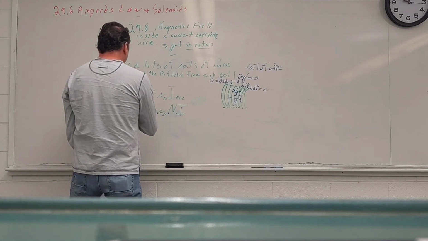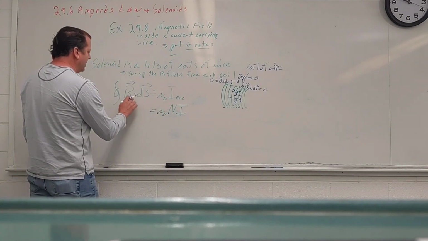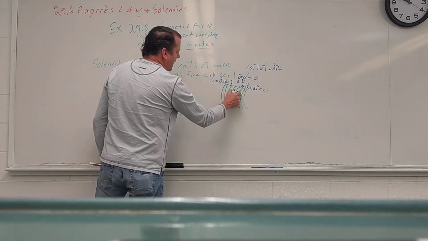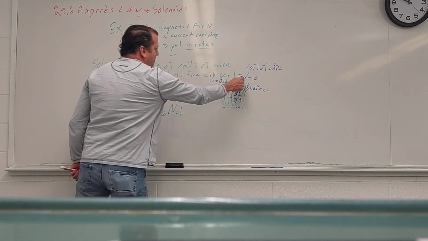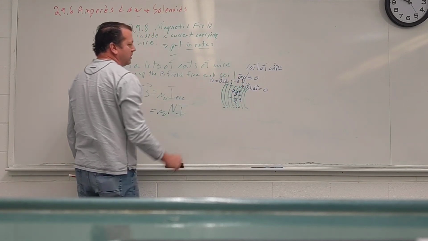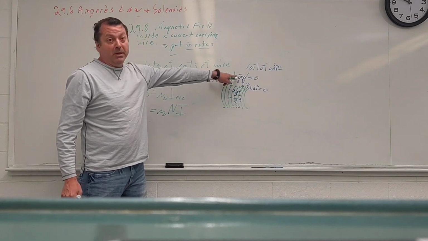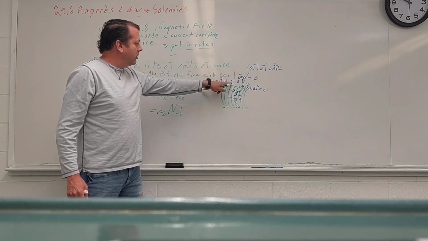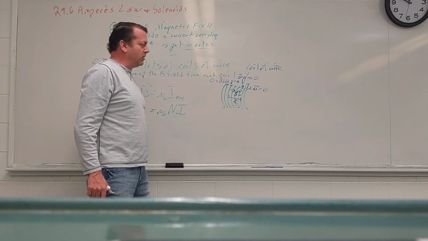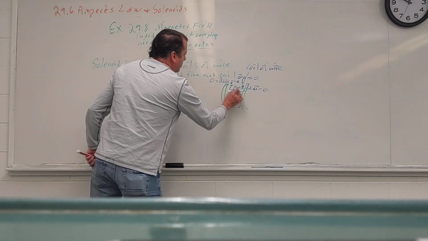The other three parts of the path give 0, 0, and 0: perpendicular, dot product 0; no B field at all; and perpendicular again, dot product 0. So let's just integrate over that.